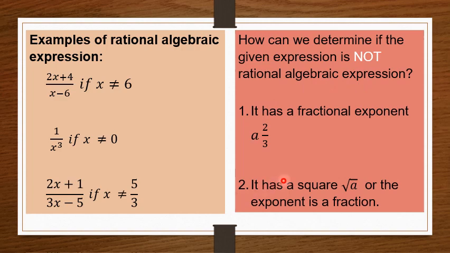Number 2: it has a square root of a, where the exponent is a fraction. So when you see the square root or the radical sign, or the exponent is a fraction, it is not a rational algebraic expression.